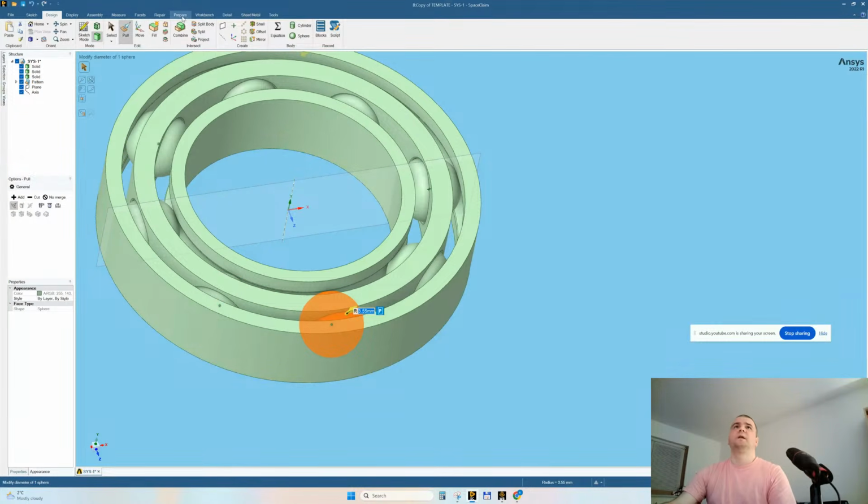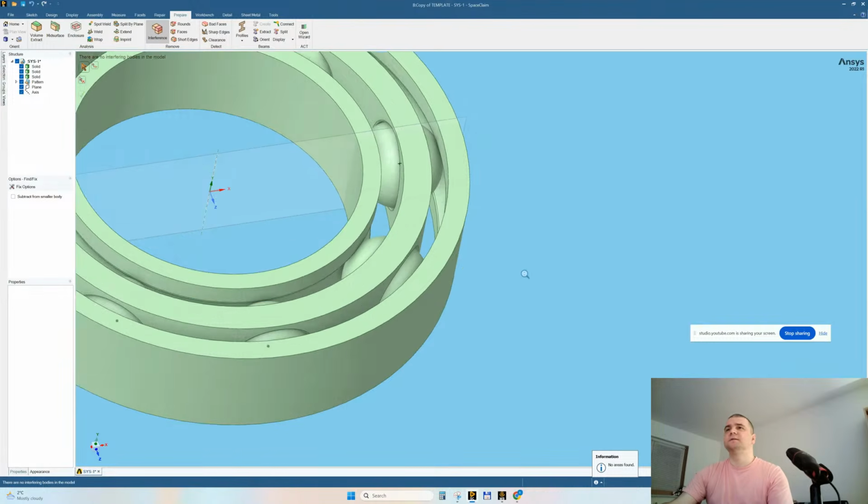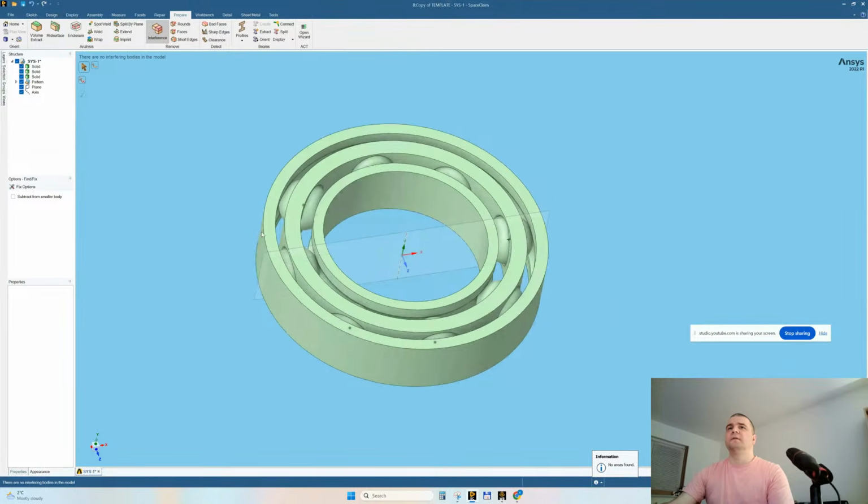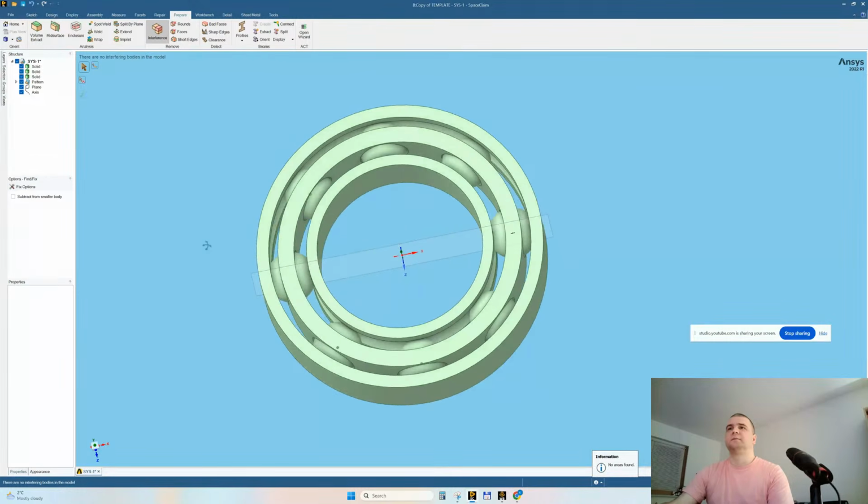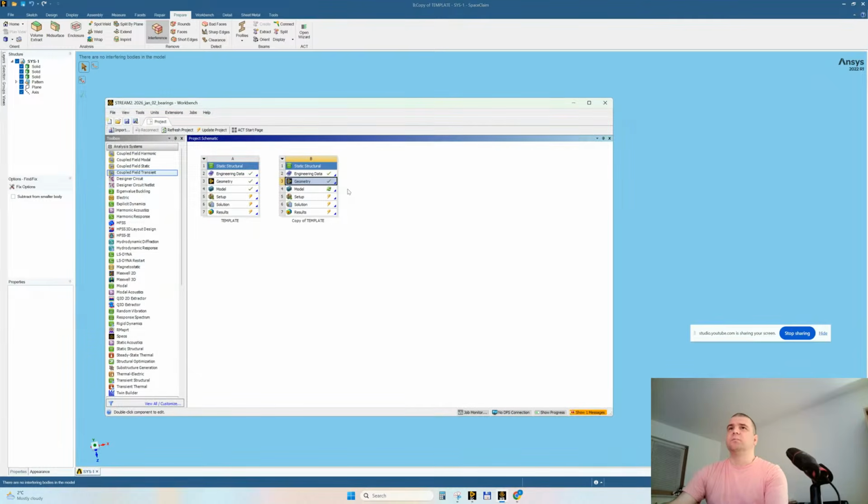Remember to always check the interference. There are no interfering bodies in the model. Okay. Everything is nice. Let's leave it open in order to have a faster loading.